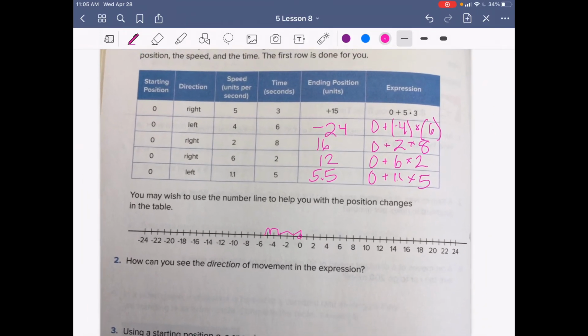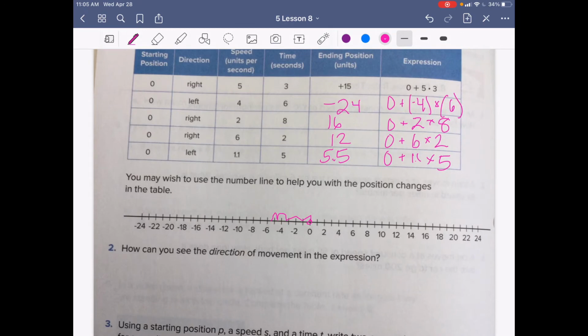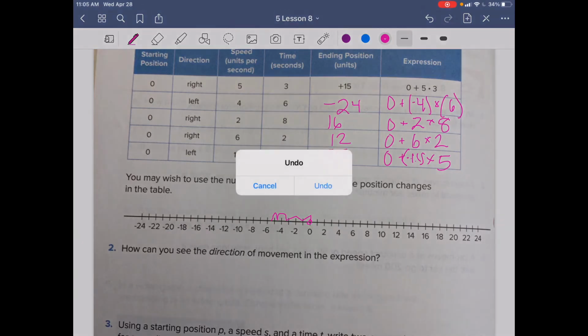And part 2 to this question is asking, how can you see the direction of movement in each expression? Oh, this last one was supposed to be negative 1.1. Yeah, so when we see a negative in front of the answer, it means we're going left.